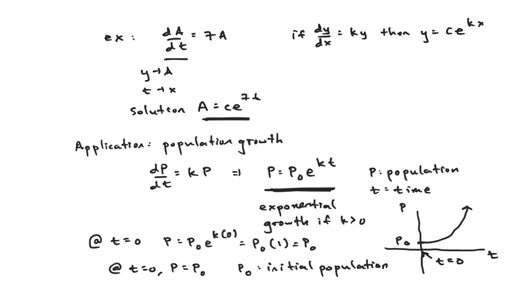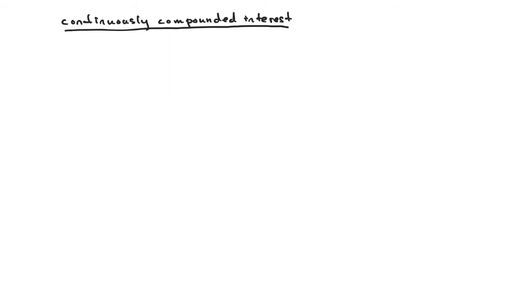Okay, so let's say that we have an example of this. Sometimes we're going to use this for population growth, and another example we're going to use this for is what's called compound interest. One example that we'll use for business and economics to apply this idea of uninhibited growth or exponential growth is what's called continuously compounded interest.